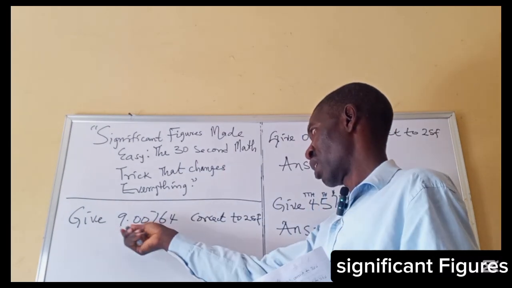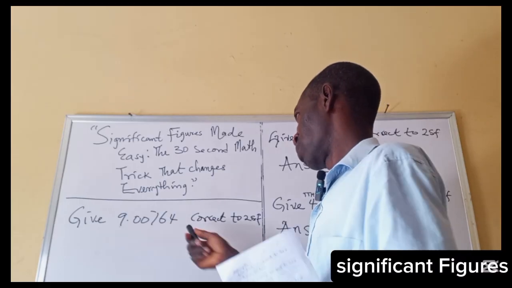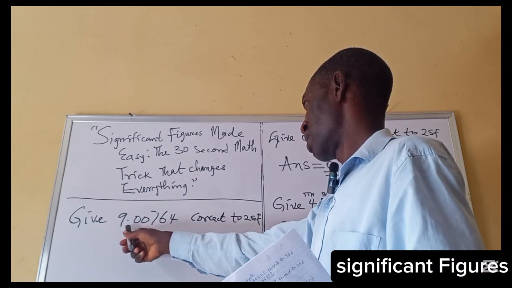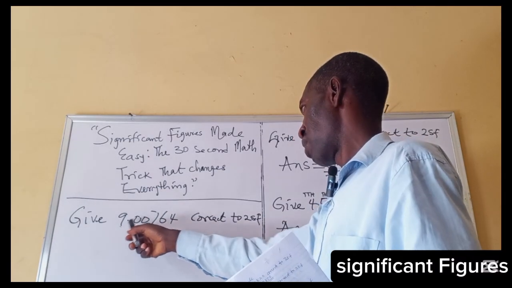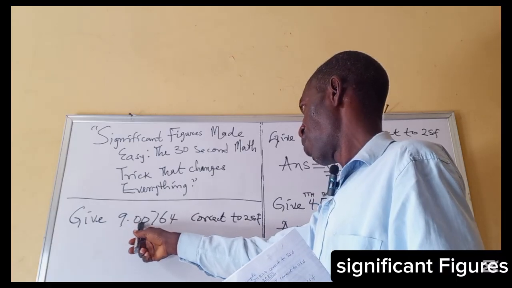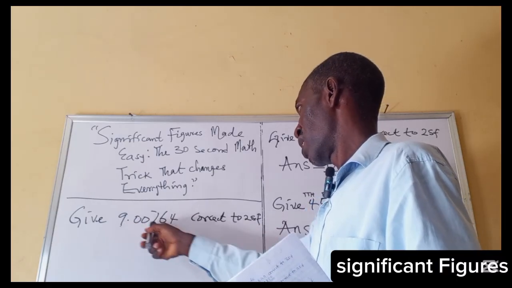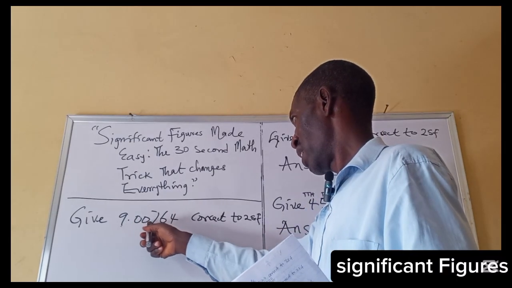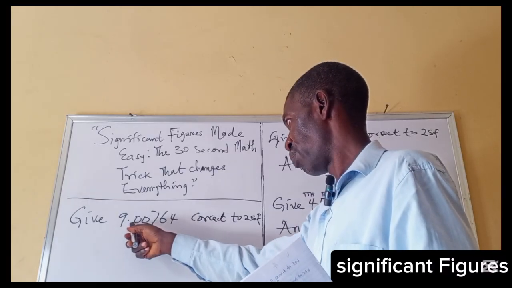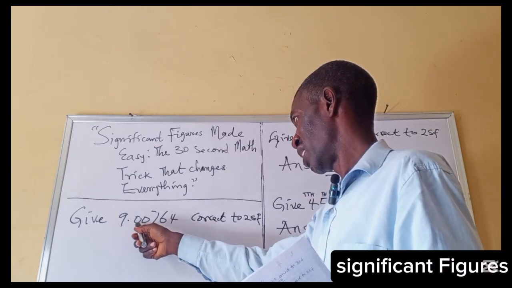So I gave this example so that you can understand it very well. So in this case now, you have 2 0 that fall in between 9 and 7. So they are counted to be important. They are counted to be significant.